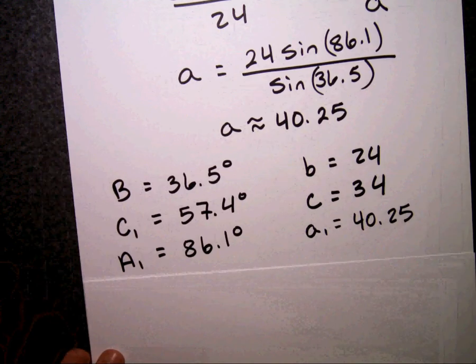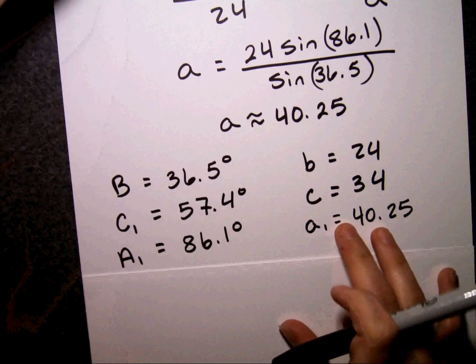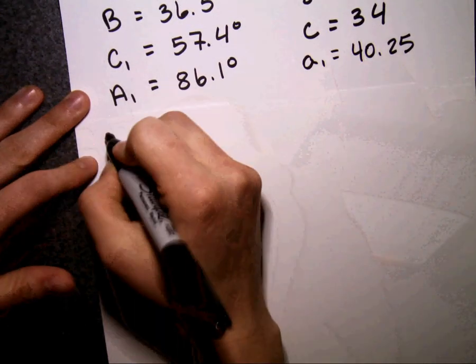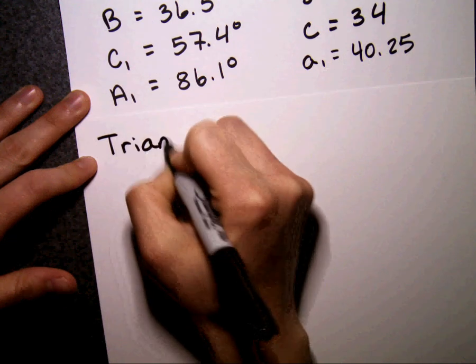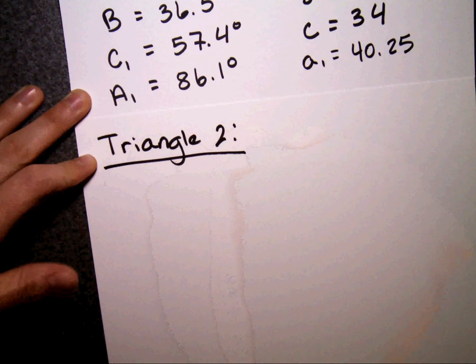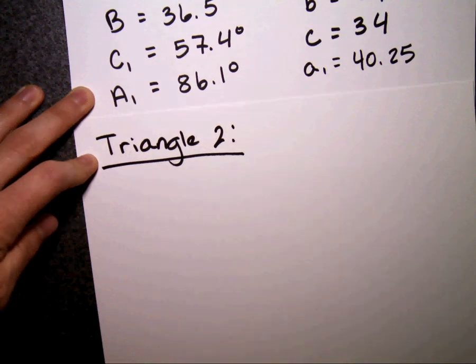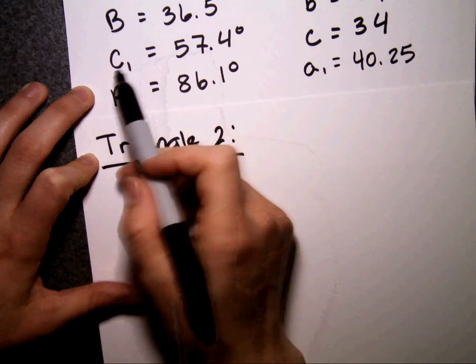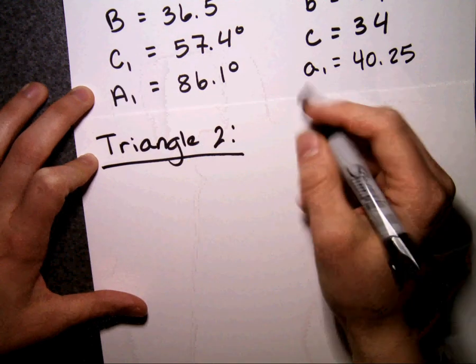So this is for our second triangle. This is triangle 2 information. And this happens every single time that we have two triangles. We're going to take the first angle that we found from our first triangle, and subtract it from 180.